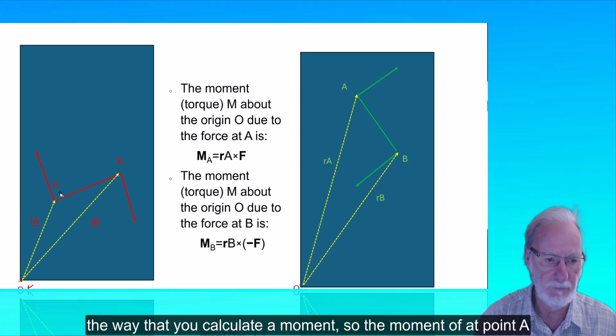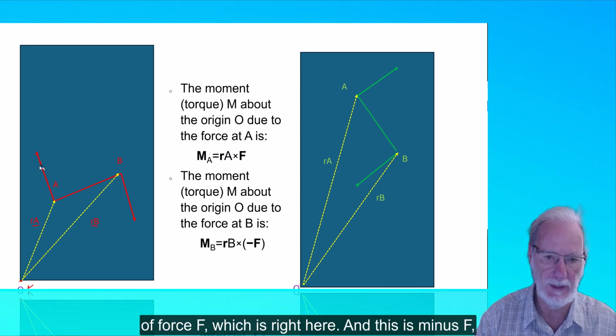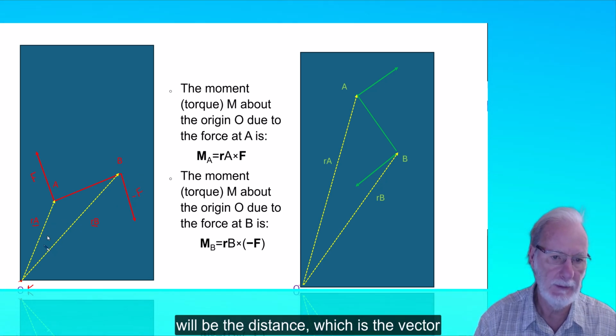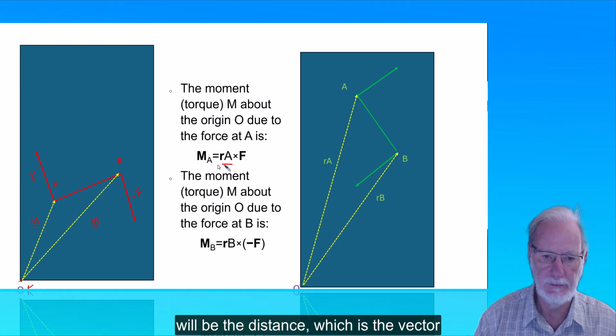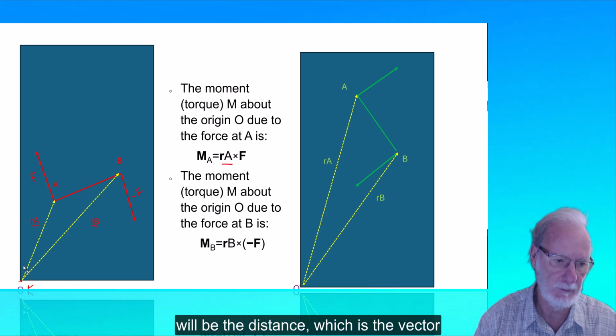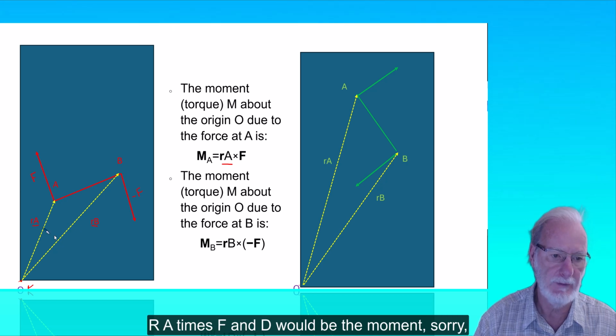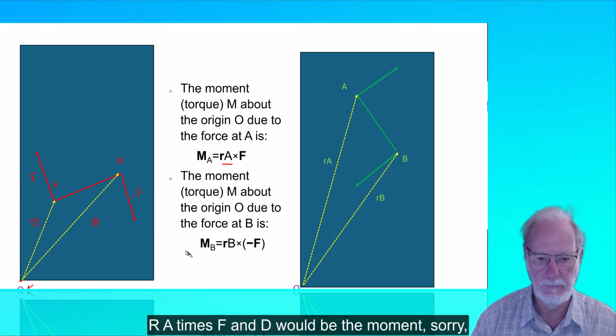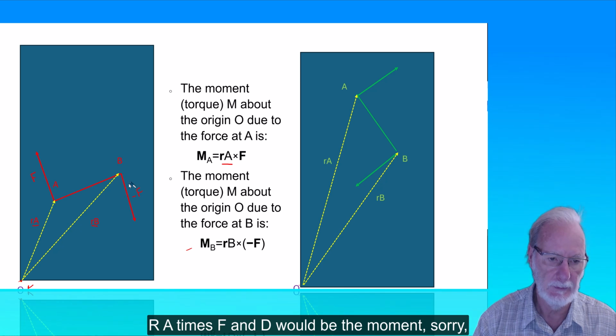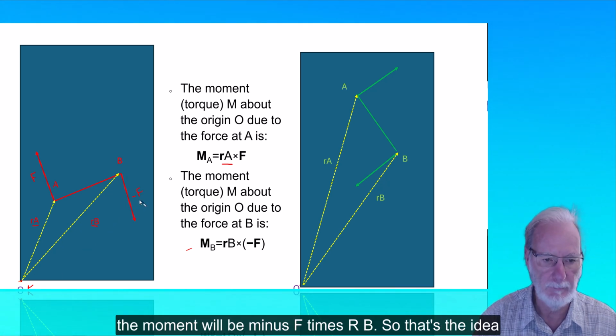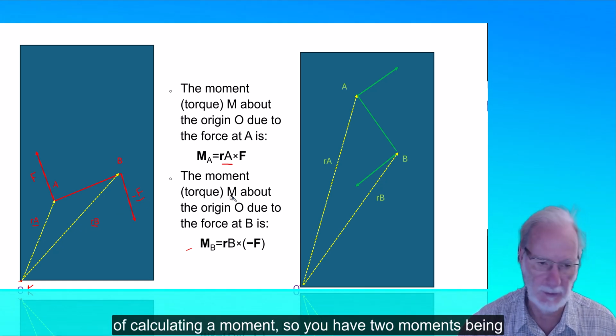This is the way that you calculate a moment. The moment at point A of force F, which is right here, and this is minus F, will be the distance, which is the vector RA, times F, and at B the moment will be minus F times RB. So that's the idea of calculating a moment.